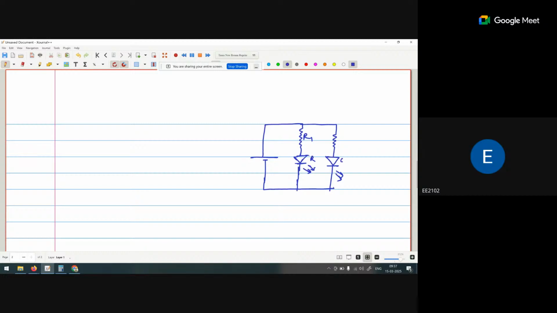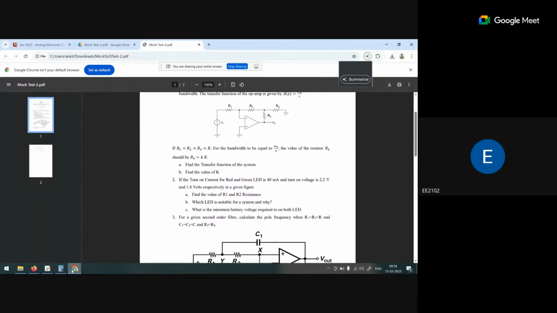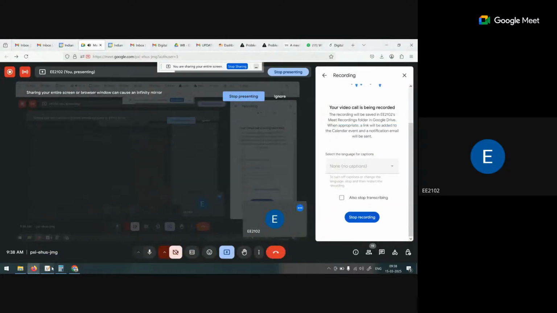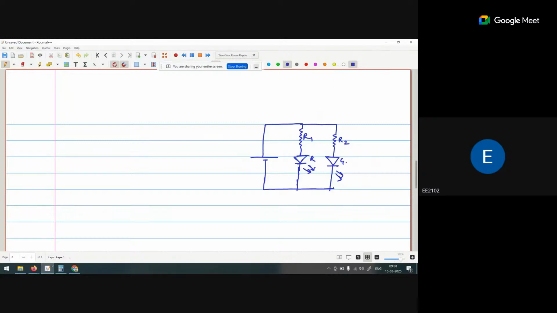So red LED, green LED, R1, R2. The voltage is 3.2 volts. Okay, this is the figure.